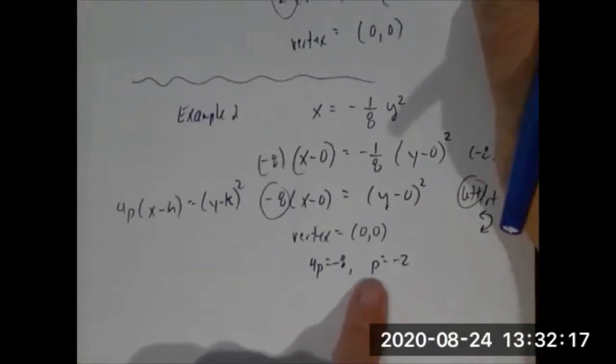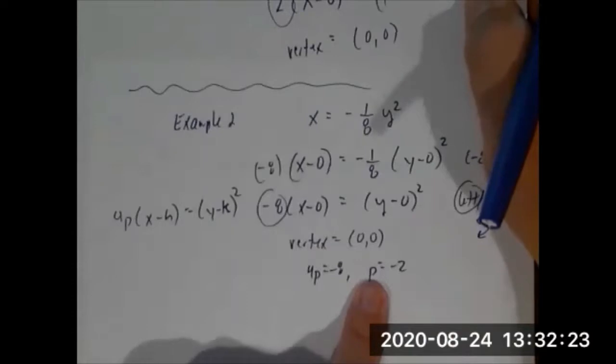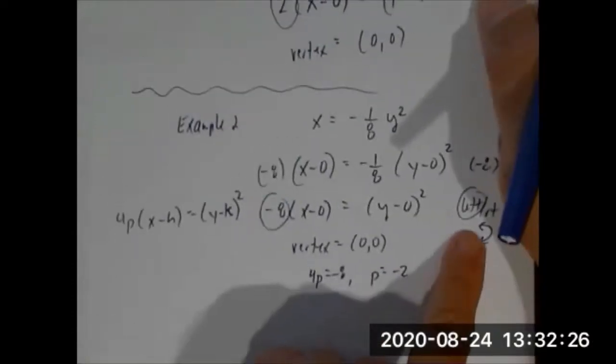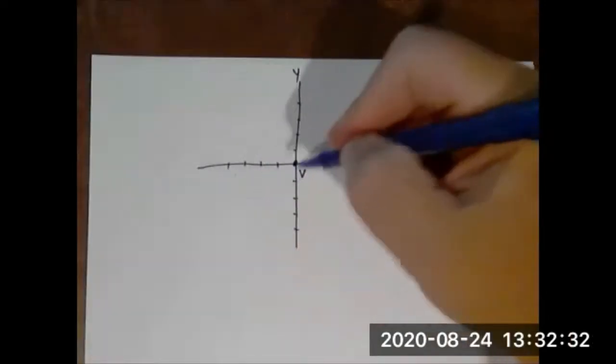Now because I know p is -2, or really for now, I could think of p as 2 because all I care about is the distance or the number. And because I know it's a left opening parabola, it's going to open up to the left.